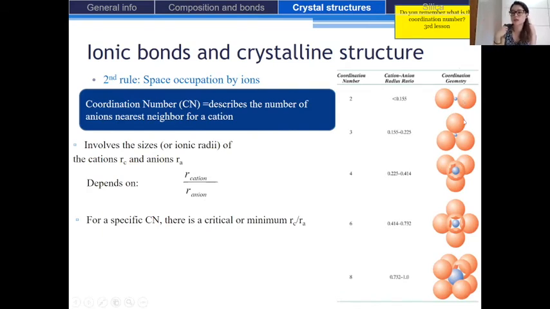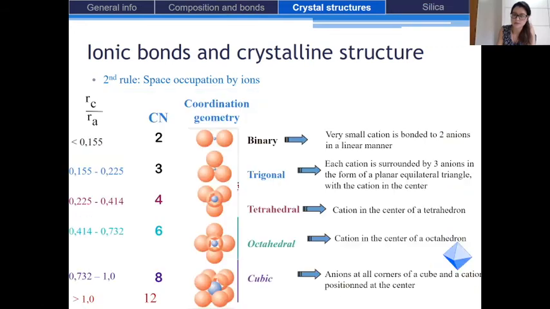So this is the way we determine the coordination number and the coordination geometry. Once again, we calculate the ratio between the radius of the cation and the radius of the anion. Depending on the value, this will give us the coordination number, and this coordination number will give us the coordination geometry.